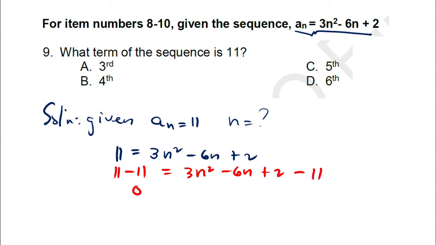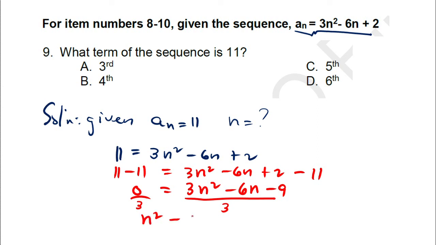So this becomes 0 is equal to 3n squared minus 6n minus 9. Since 3 is common to 3, 6, and 9, we can divide both sides by 3. So we have n squared minus 2n minus 3 equals 0.